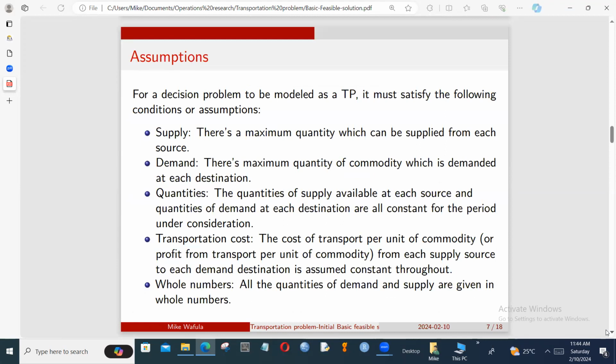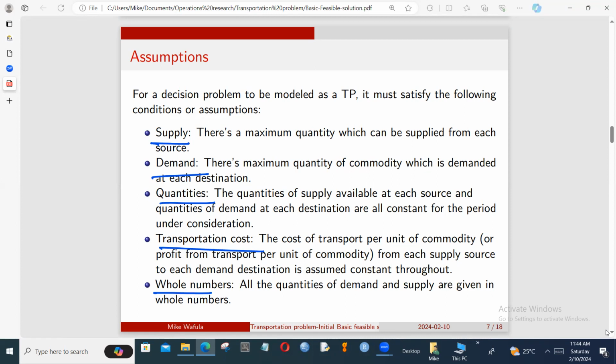Now we look at the assumptions. Most of these techniques in operational research must meet particular conditions as assumptions that have to be taken into consideration before you use them. For the transportation problem, the assumptions are on supply, demand, quantities, the cost, and you're talking of all numbers.